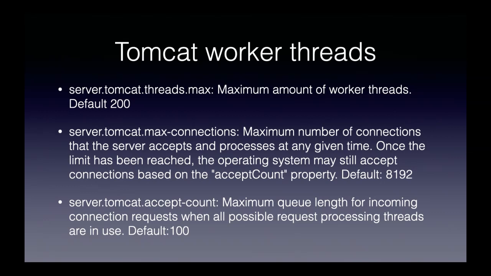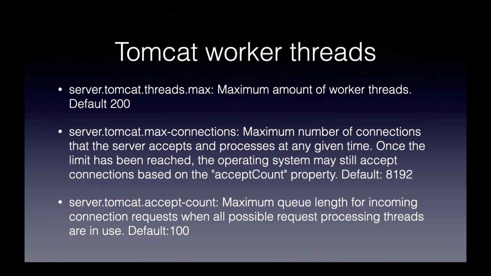That means if you have threads limit set to 200, there can only be a maximum of 200 connections coming into your system. Whereas in case of non-blocking IO, the default is 8192. It depends on the connector, but this number is way higher than the number of threads, because each thread can serve some more number of connections.